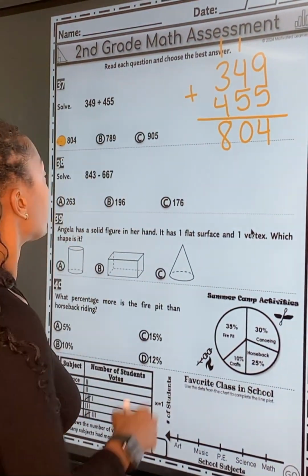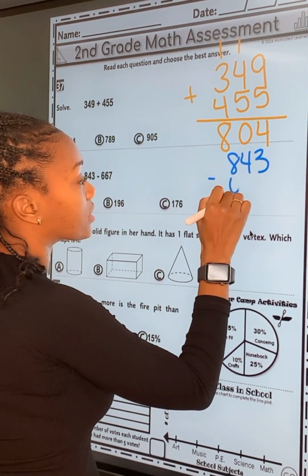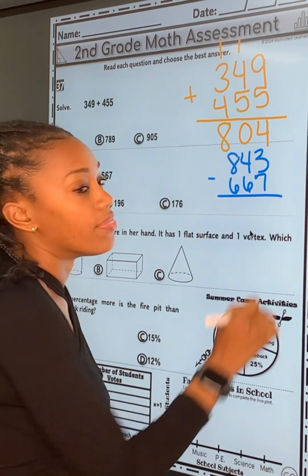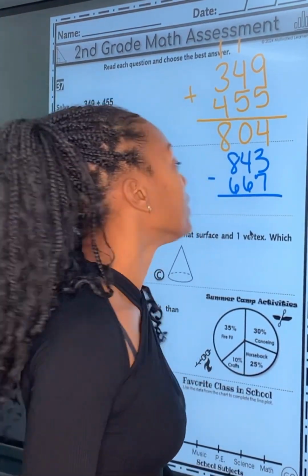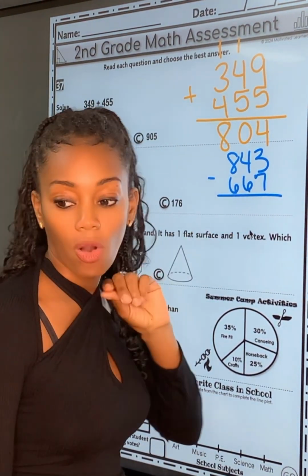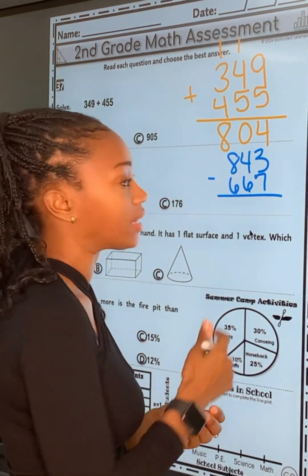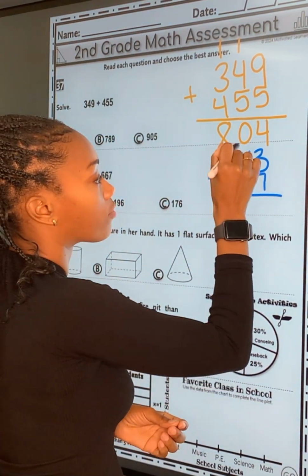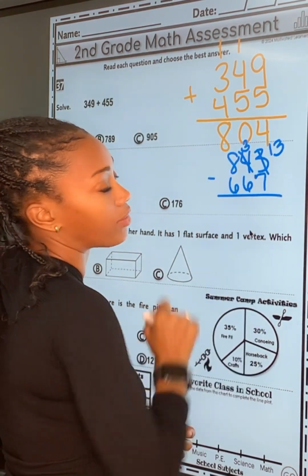All right, let's look at number 38. Number 38 says solve 843 minus 667. This type of problem is subtraction regrouping. Again, I switch from writing it horizontally to vertically to help me solve it better. I have 3 minus 7. I know that I cannot do that, so I need to borrow from my neighbor. That becomes a 3, and I give 10 to my 3 here.